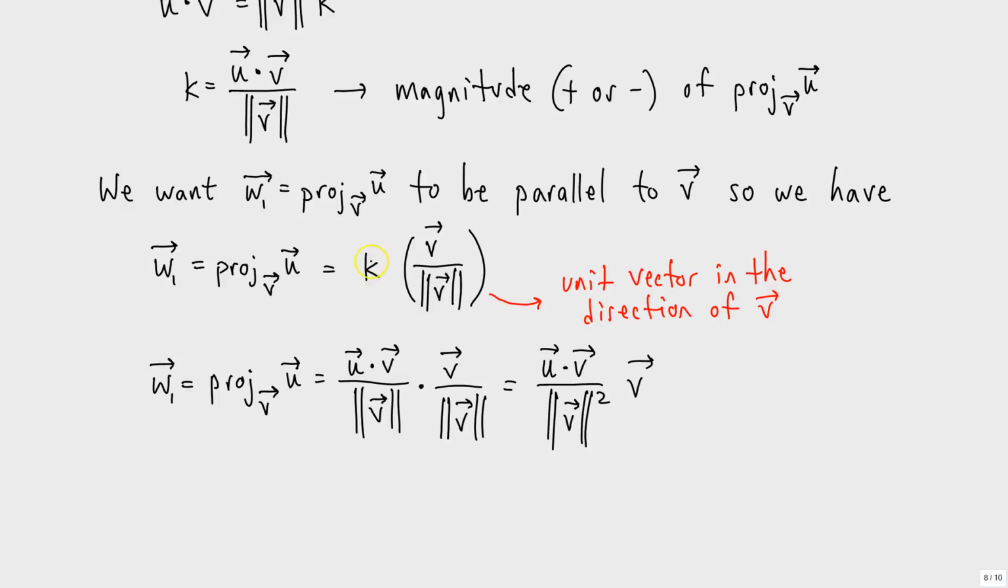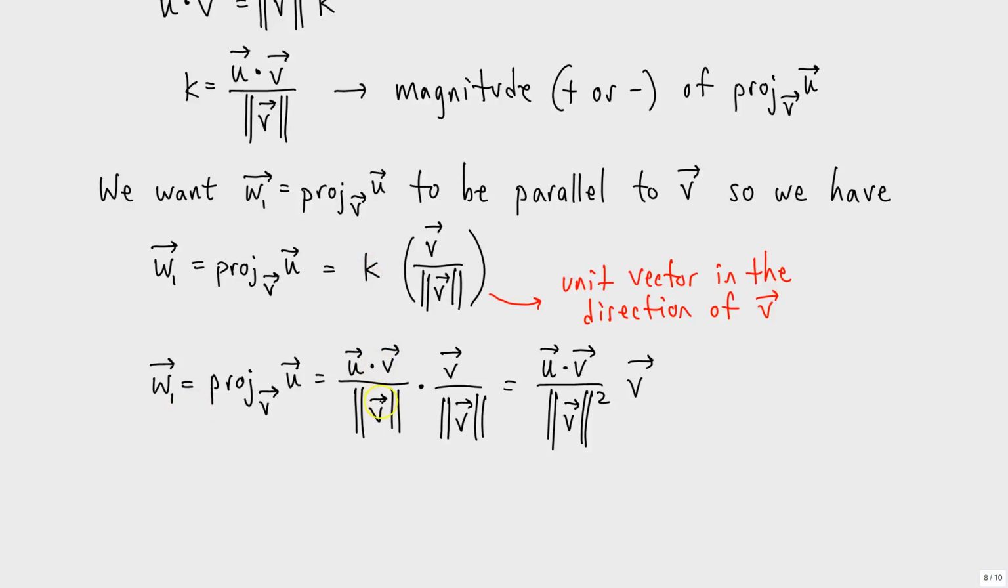To make that happen, we're just going to take k, which is the magnitude of the projection, positive or negative, and multiply it by a unit vector in the direction of v. So rather than v of any magnitude or length, we're going to have it be length 1. So our projection is this scalar times the unit vector in the direction of v. When you multiply those together, you get a vector, and they'll be parallel.